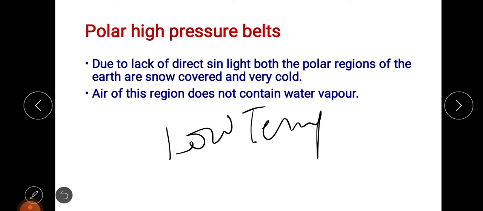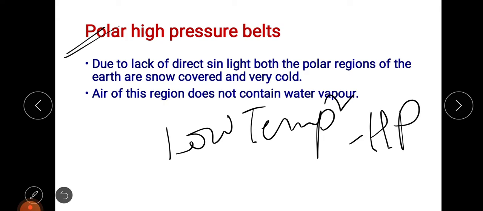Those regions which have low temperature will have high pressure. Same here in the polar region, because temperature is low. Most of the areas are covered with snow, glaciers and ice. So it is a very cold region, temperature is low, and therefore high pressure prevails there. The air is very dense, and it cannot absorb water vapor.